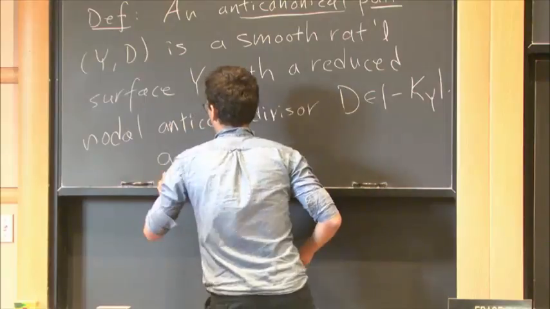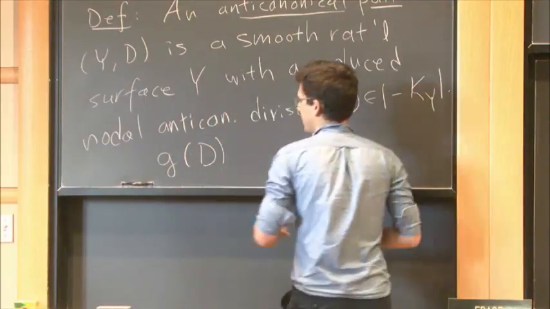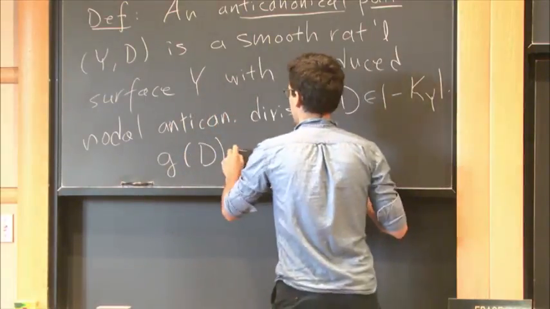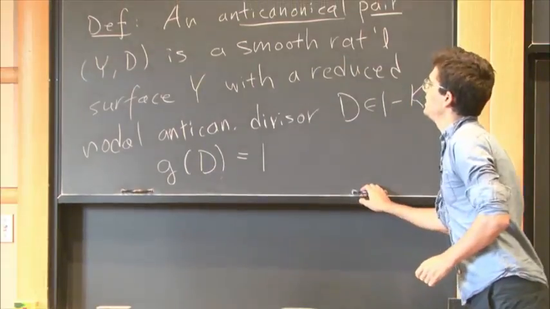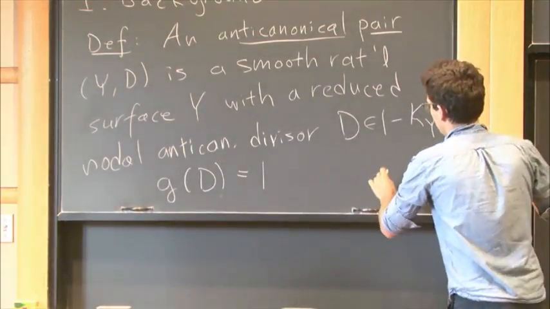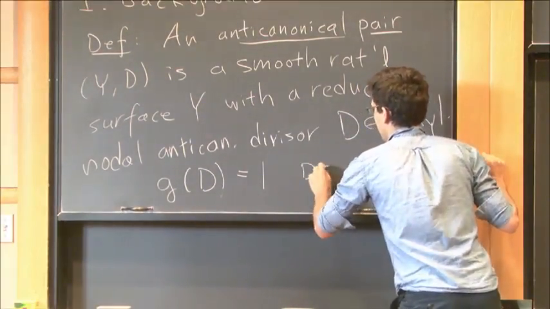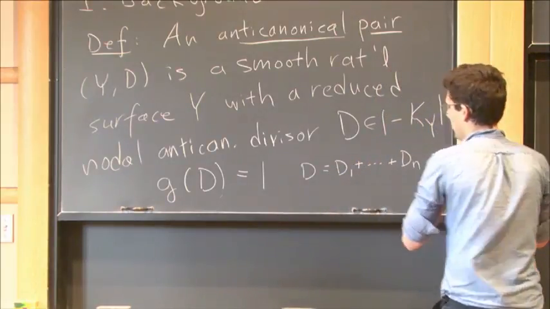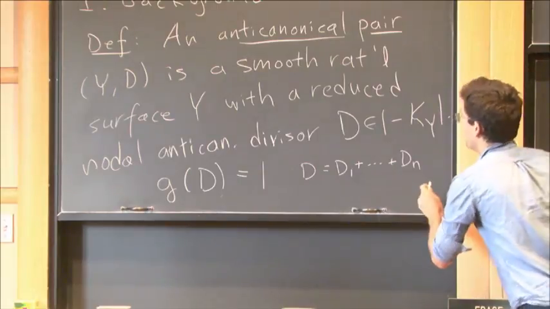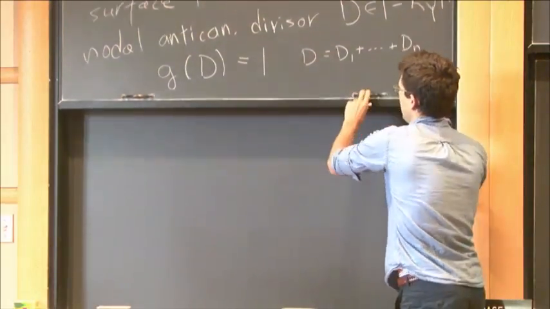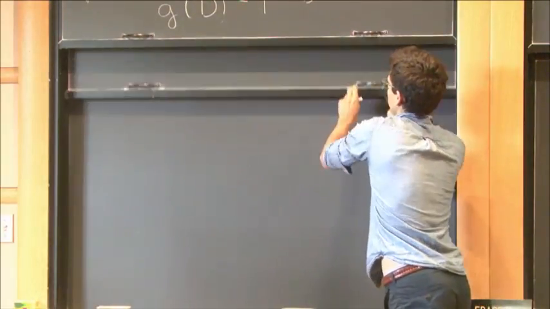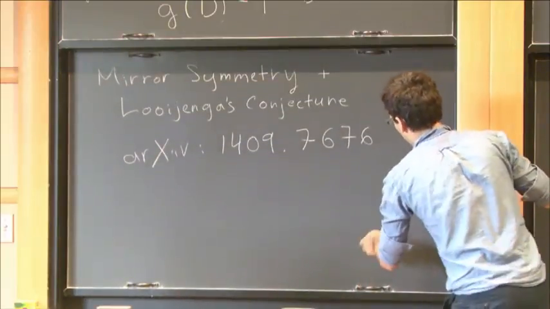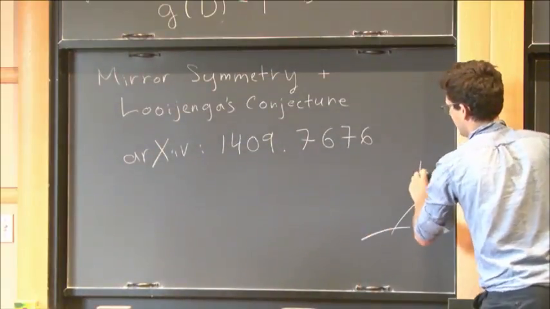So by the genus formula, the genus of an anti-canonical divisor on a rational surface has to be 1. And so what this D looks like is going to be a sum of rational curves d1 through dn that form a cycle like this.